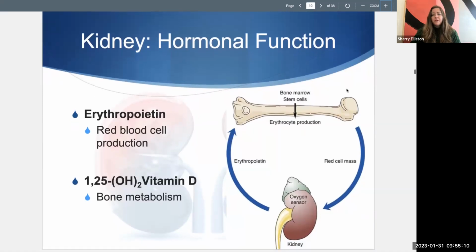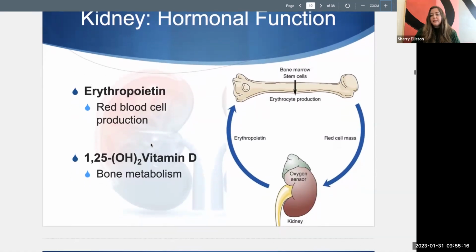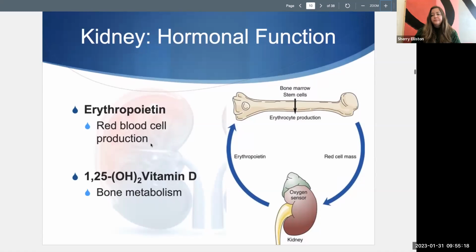This is when we talk about erythropoietin. It's important for red blood cell production. What happens is that you have bone marrow stem cells from our bone. You have red cell mass, and there are sensors in the kidneys that know to create more erythropoietin, which then stimulates that red blood cell production.